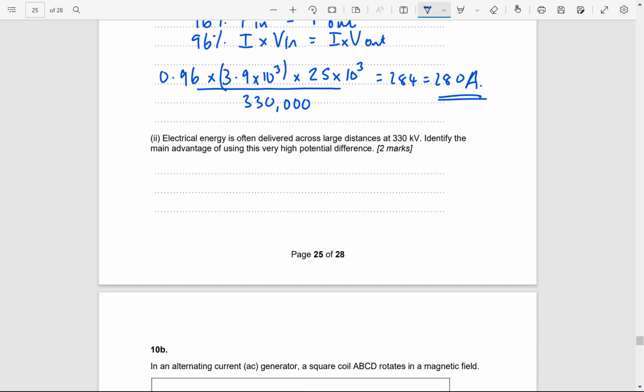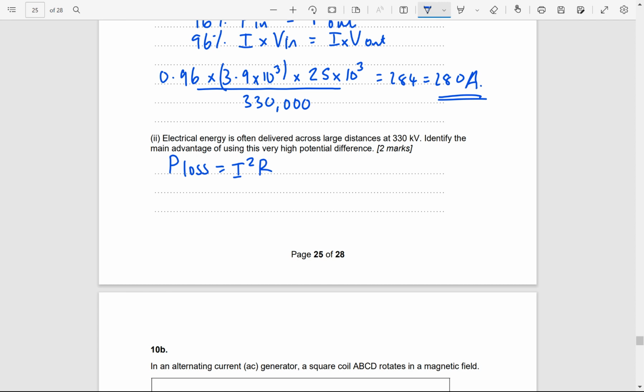Identify the main advantage of using a very high potential difference. Right, so we know that power loss, this is actually a GCSE idea. I'm not saying it's easy by any means, but we do teach it at GCSE when we're teaching transformers in the national grid and the high voltage power lines.